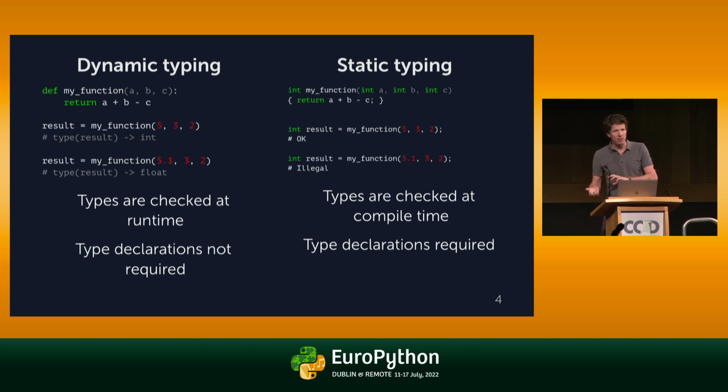While with static typing, you have to specify all those types explicitly, but the types are checked at compile time, which is nice. Of course, there's another category of languages in here, untyped programming languages. Those are something completely else. Let's not talk about them entirely.